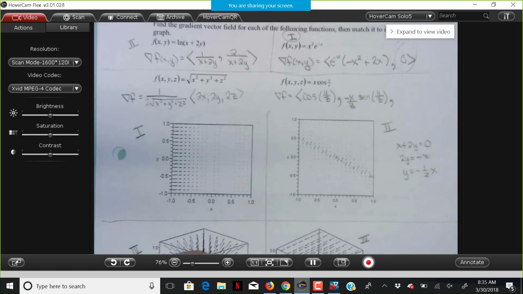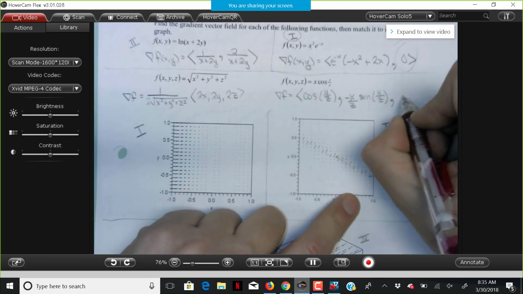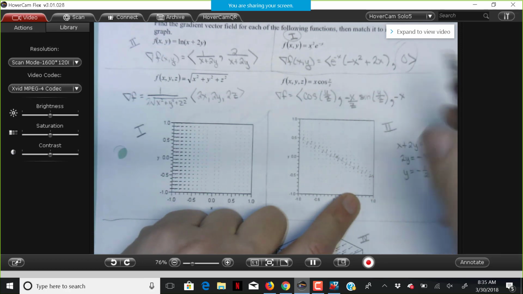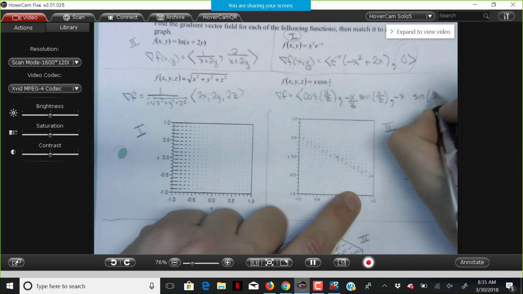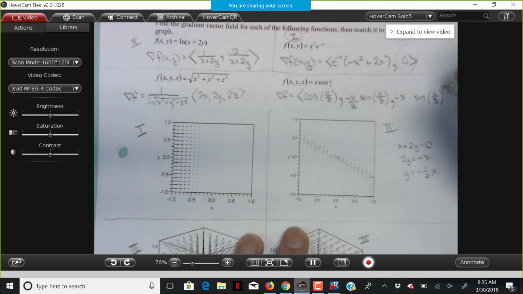And then the third, so x is still the constant that stays out in front. The derivative of cosine, just like before, is negative sine. But now what would I have to multiply by?